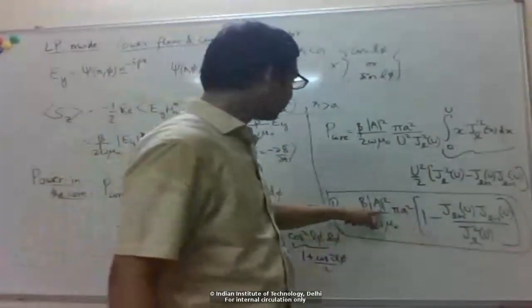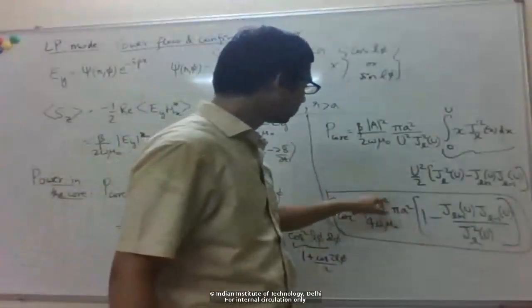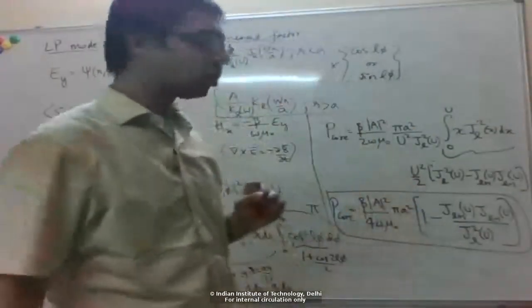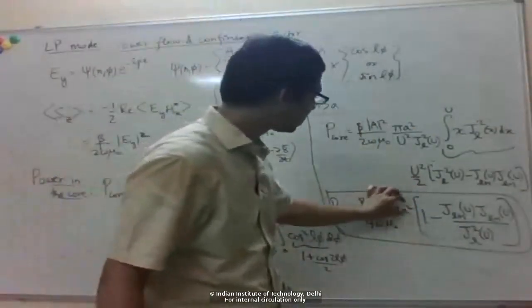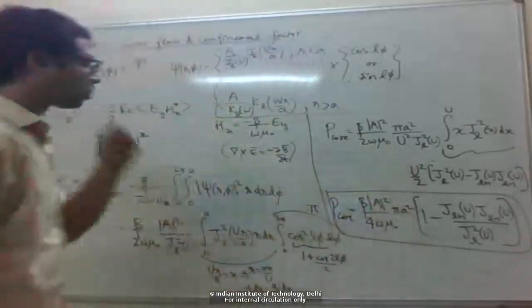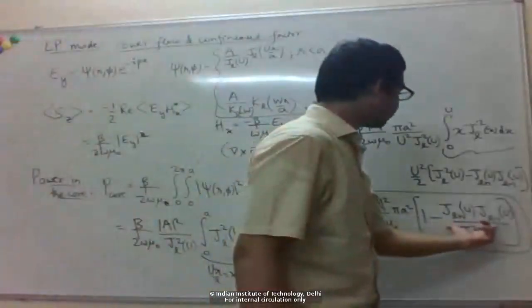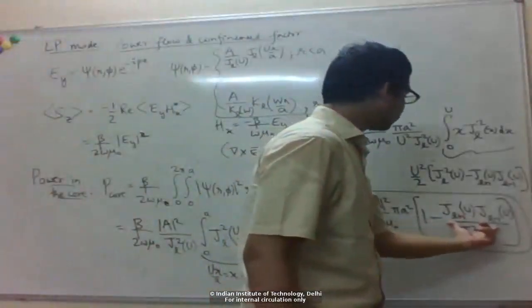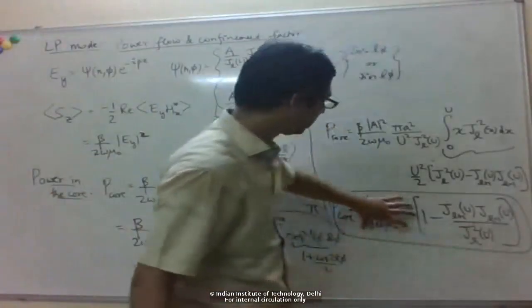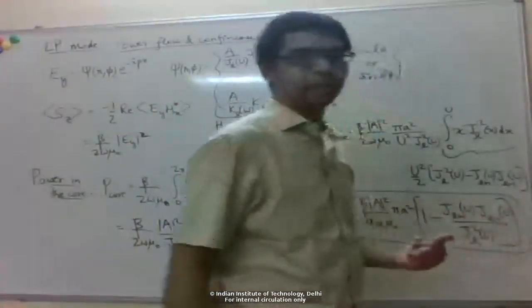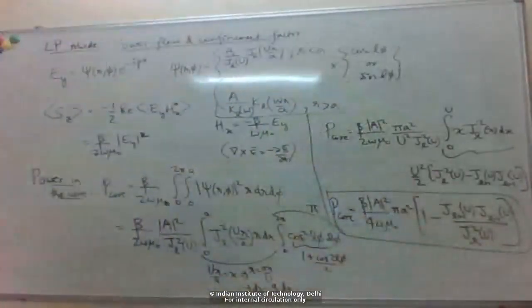That just relates the field amplitude to the power units. And then we have pi a square, which is the cross-sectional area of the core, so this is like some intensity times area. And then here we have some expression with the Bessel function, which gives the dependence on the mode. So all this is independent of the mode, but this inside the bracket depends on which mode you're looking at.